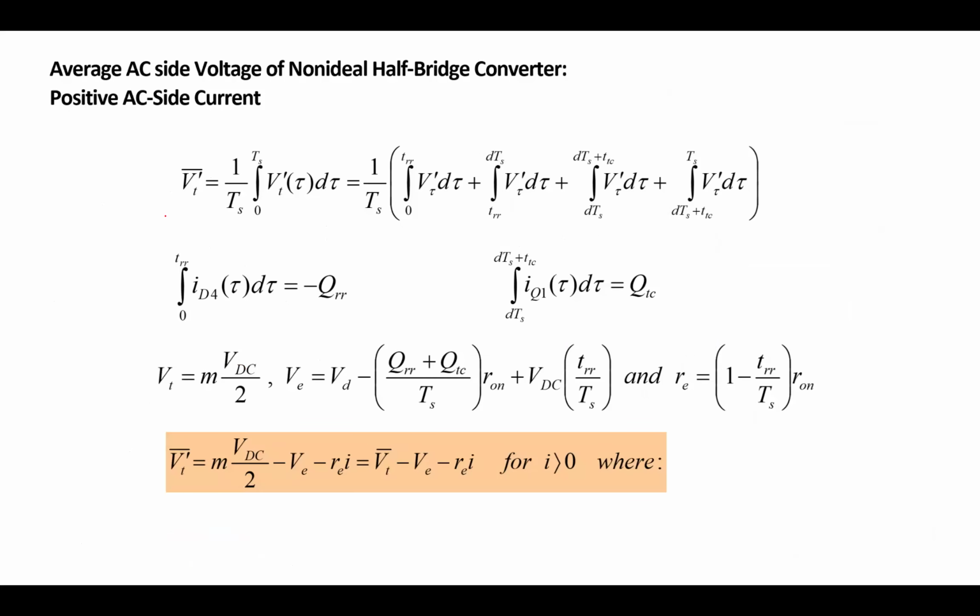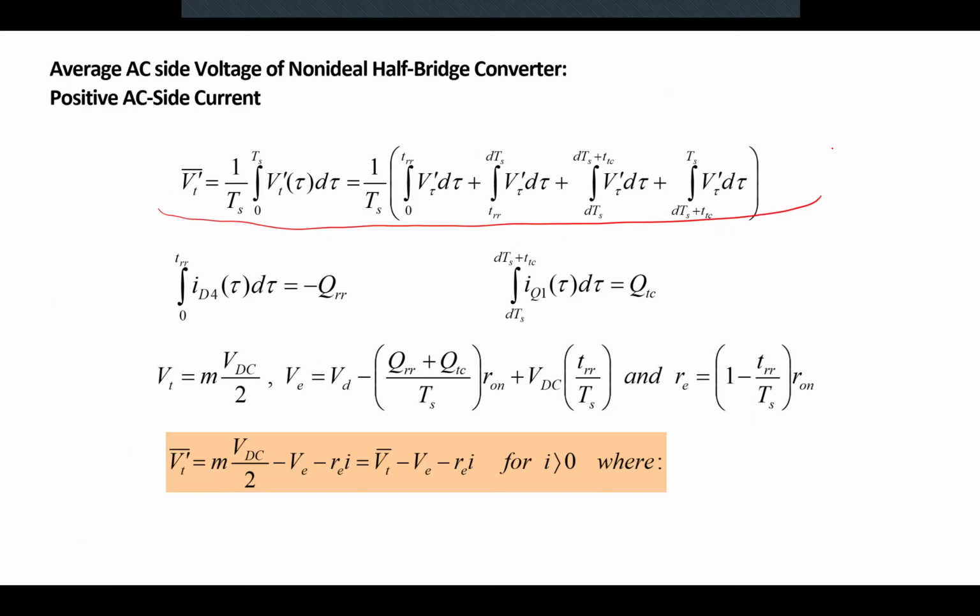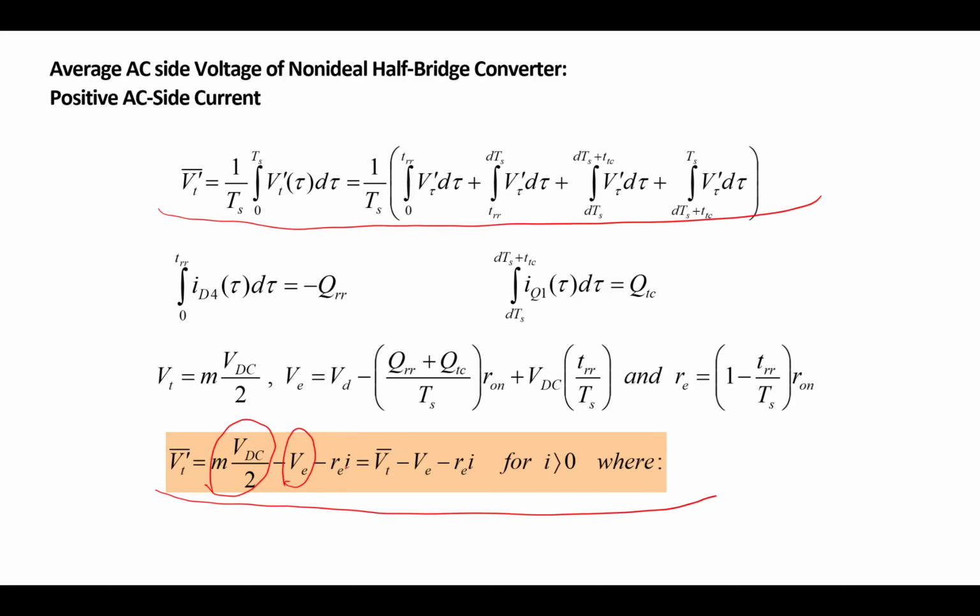We can see that our non-ideal voltage becomes the ideal part that we had before, plus a part that represents the voltage drop and the reverse current in the reverse voltage drop in the switches, and a part that represents the resistive loss in the switches.